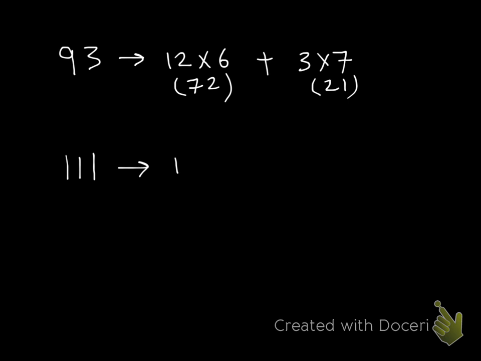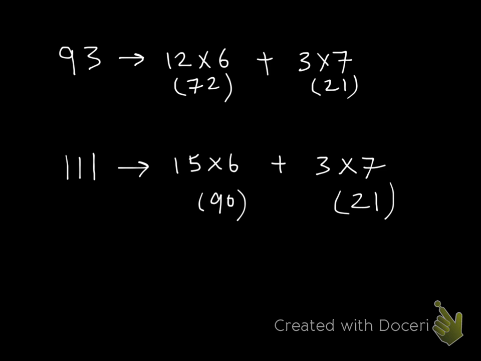Okay, let's take another example, 111. Let's see if I can pay 111. I pay 15 coins of rupees 6, and I use 3 coins of rupees 7. Again, 90 plus 21. I managed to pay 111 rupees. So the thing here is that using various combinations of 6 and 7, we are managing to find various values.